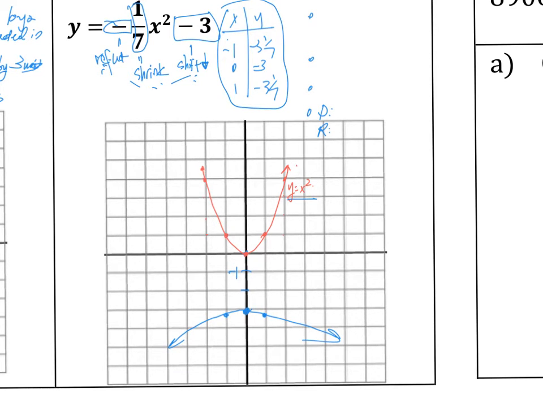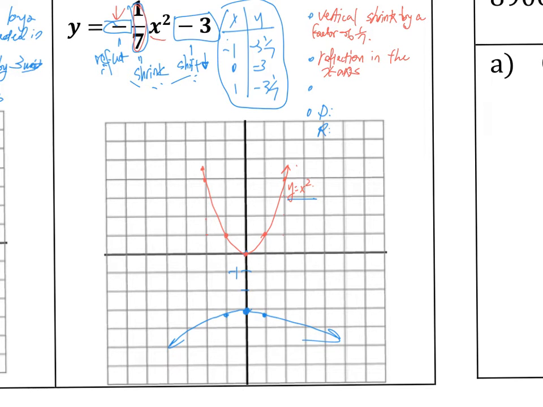As you can see, let's start with this negative sign. There's a reflection in the x-axis. And this 1/7 tells us that there's a vertical shrink by a factor of 1/7.